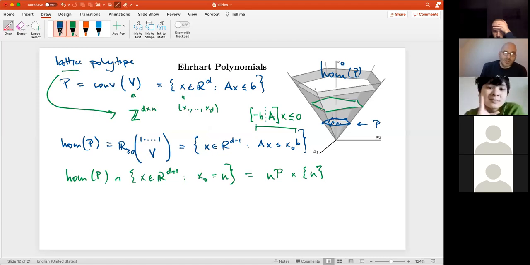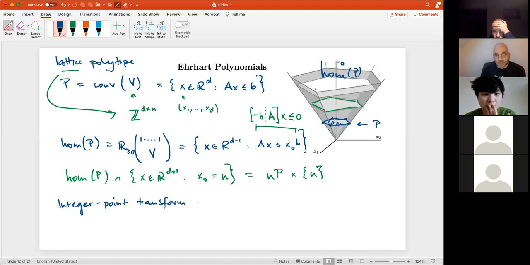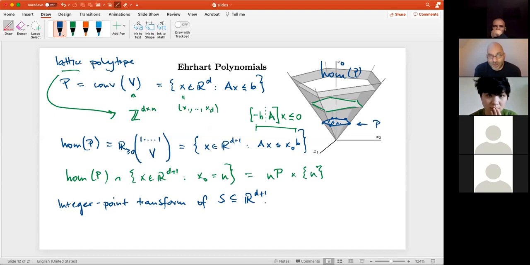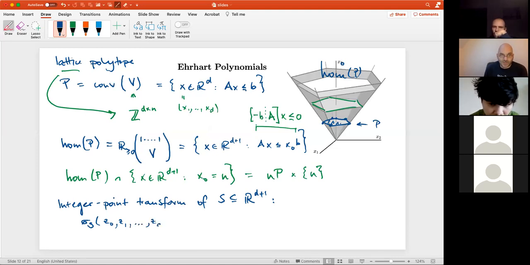So what you want to study now is what I like to call the integer point transform of a cone, or really any set S. Let's think about this set as living in d+1 dimensions, because in a moment I want to compute the integer point transform of Hom of P. It's a multivariate generating function that captures all the integer points in S. Let's call this sigma sub S. So maybe let me use variables z0, z1, and so on down to zd.